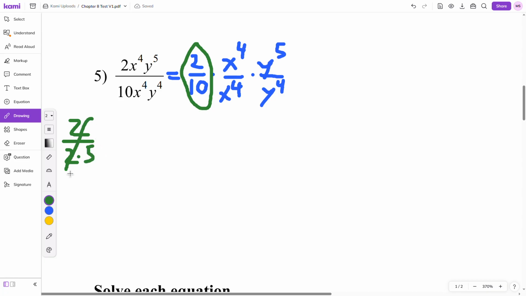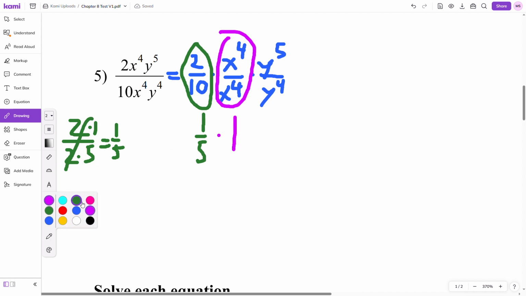And then those cancel, and so it's also times 1. So this is really 1 over 5. So for us here, I'm just going to write 1 over 5. For this x here, this is just 1, because anything divided by itself is just 1. So we have this times 1.